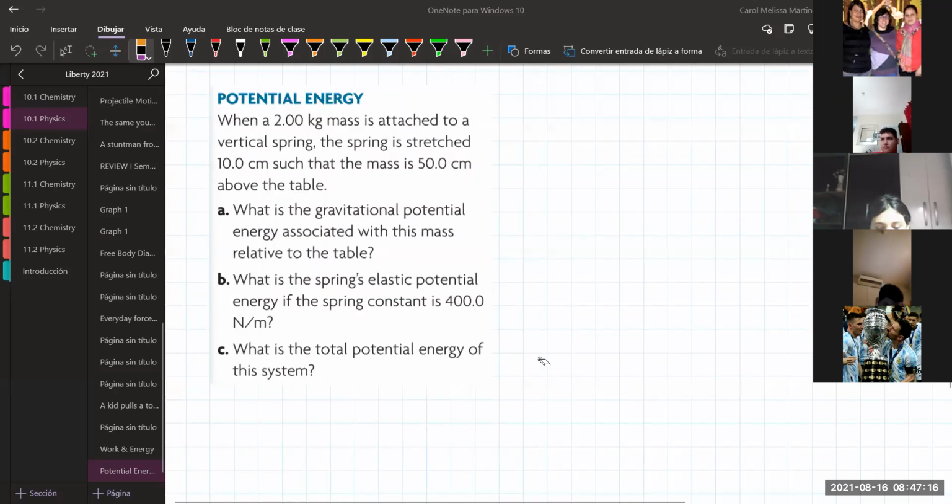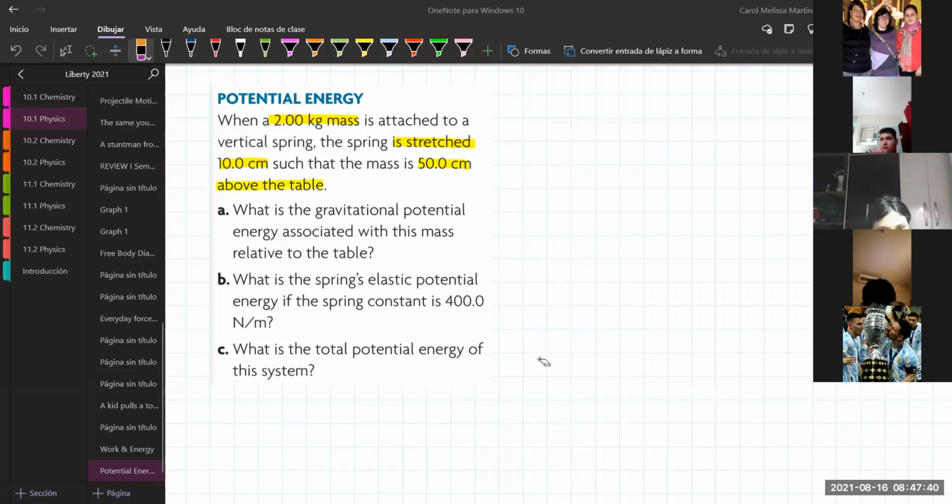So the first that is given is the mass. It says that this object has a mass of 2 kilograms and is attached to a spring. Okay, now this spring is stretched 10 centimeters such that the mass is 50 centimeters above the table.